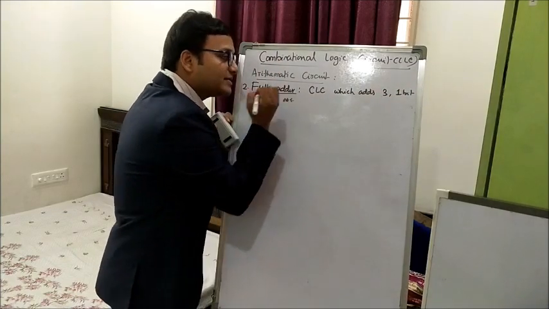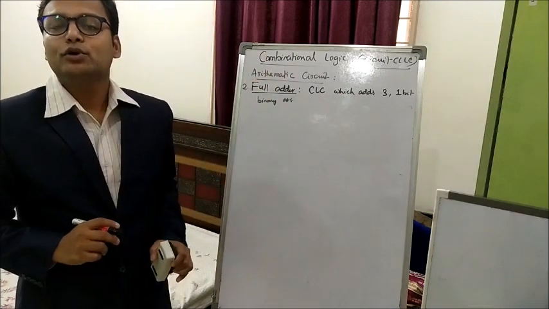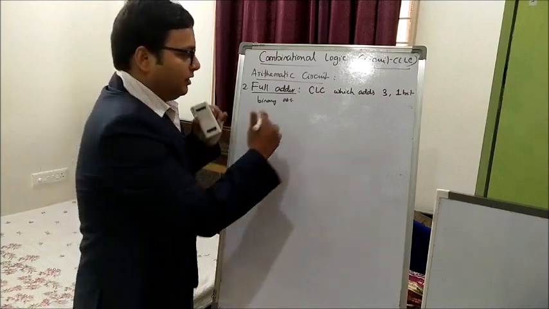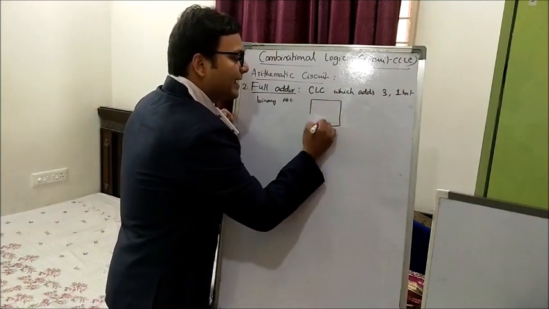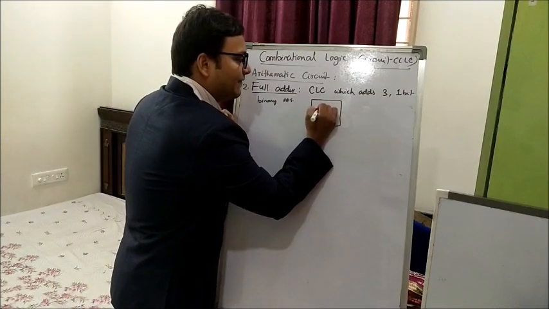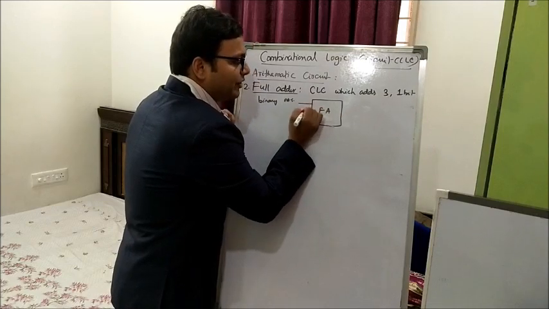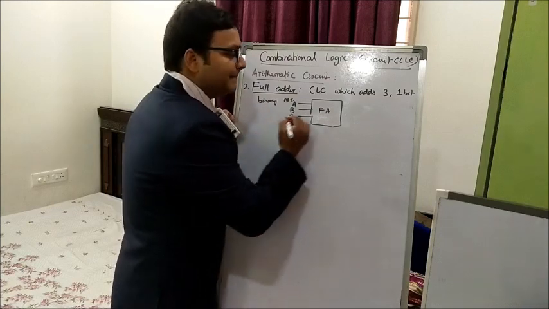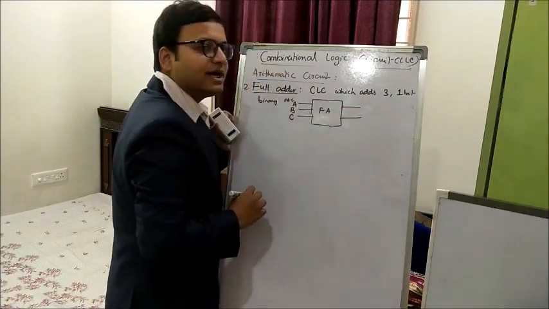This is the problem statement which I am going to use. The combination circuit, the full adder, is going to add 3 binary bits A, B, C, and produce the output.